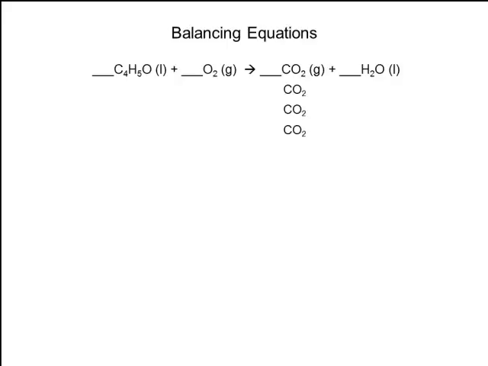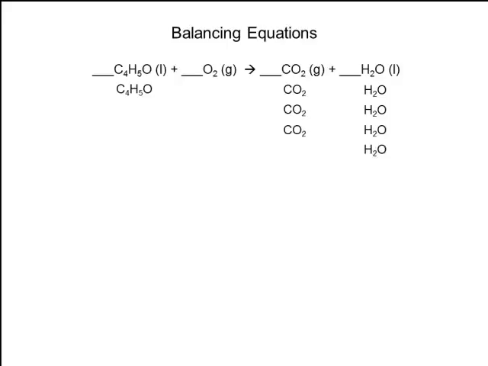So there's a difference of 3 hydrogens. Now I can't just add 3 hydrogens though, but if I add 2 water molecules, now I have 6 hydrogens on the product side, 5 on the reactant side. If I add another C4H5O, I've now got 10 hydrogens on the reactant side, got 6 hydrogens on the product side, so I need to add a couple more waters.